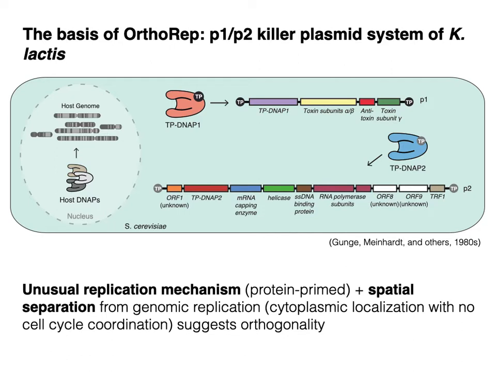Furthermore, these DNA polymerases use an unusual replication mechanism that is not how genomic DNA polymerases work. This mechanistic separation from genomic replication, combined with the spatial separation of the P1-P2 plasmid system from the nuclear DNA, convinced us that the system had the orthogonality we needed to achieve OrthoRep.